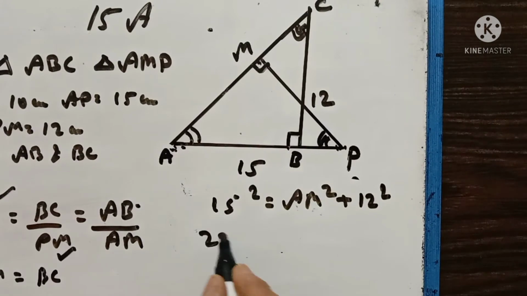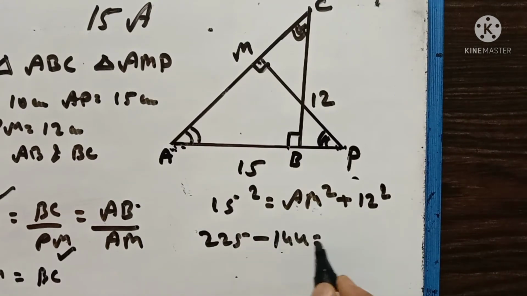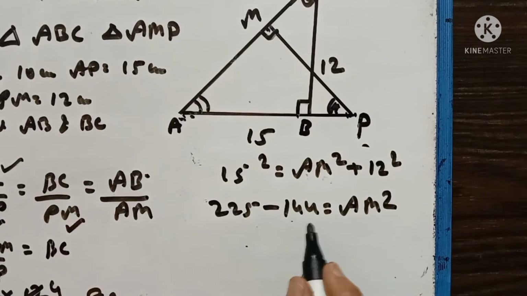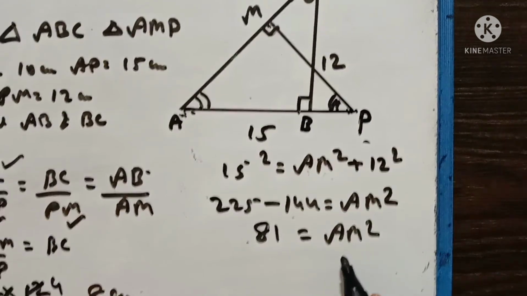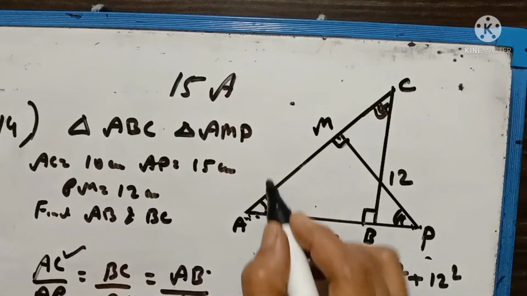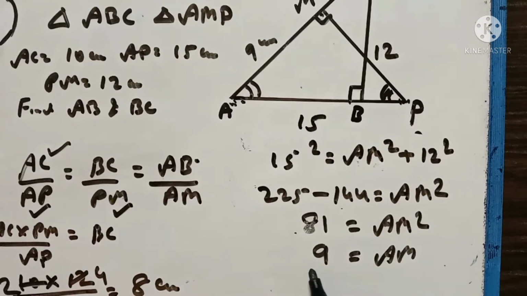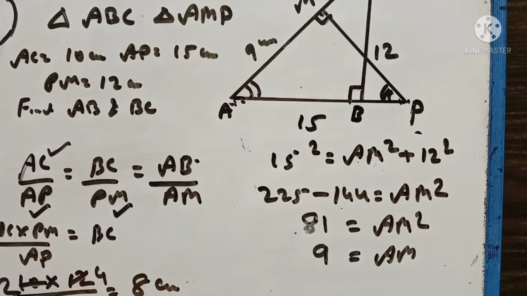So 15 squared is 225 minus 12 squared is 144 is equal to AM square. 225 minus 144 is 81. So AM is equal to 9 centimeter.